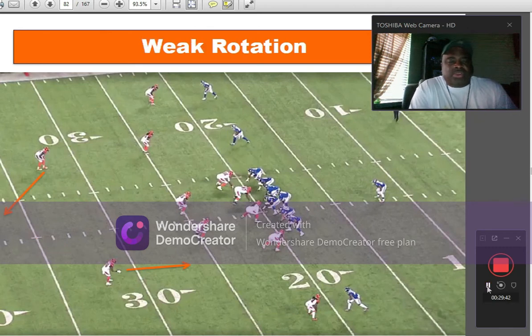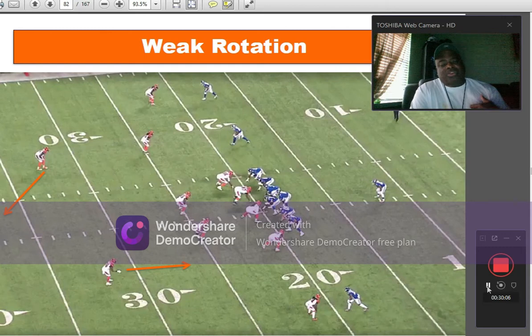And the weak rotation, as you're seeing, they're rotating now to the one side of the field with just the wide receiver. On the other side, it's a 3-by-1. Look at the tight end, the slot back, and the wide receiver up at the top, and they have one receiver back, and they are rotating weak.